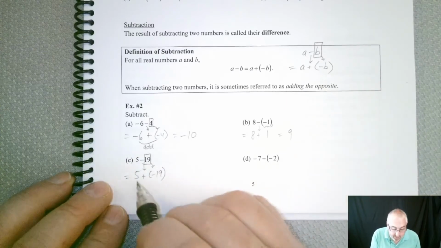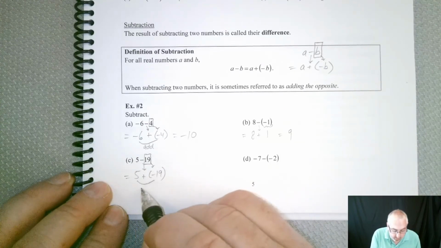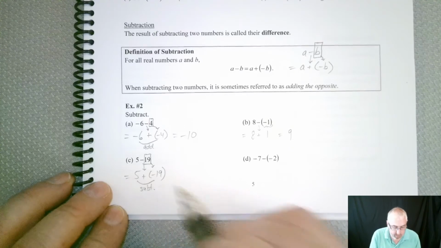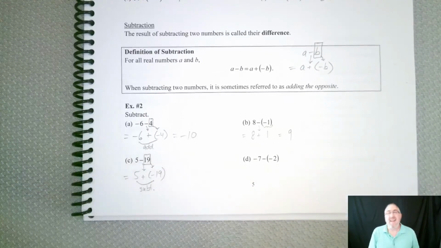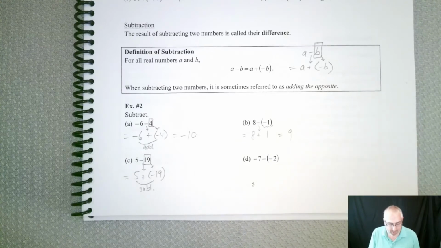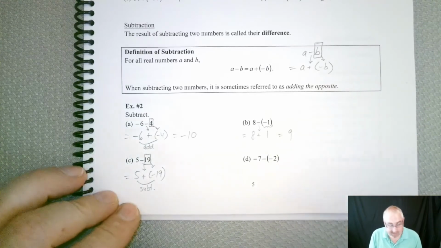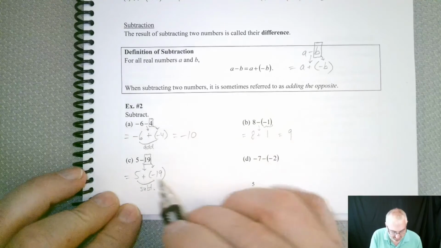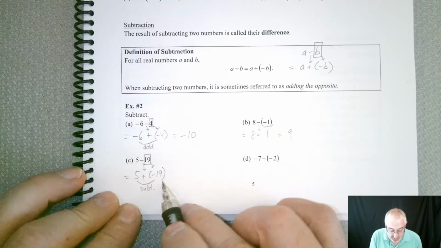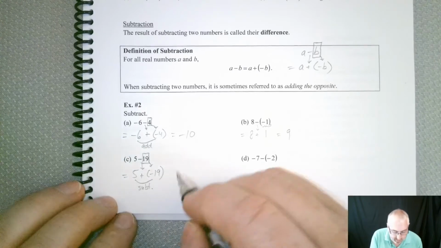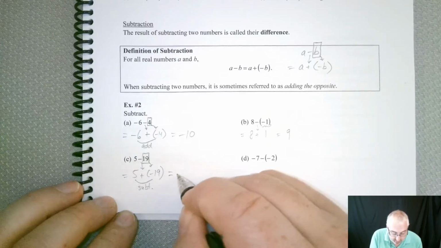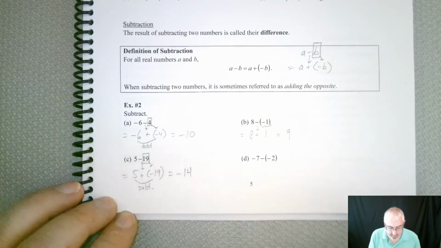So now we're adding two numbers with different signs, so we've got to subtract them. Well, didn't we have to subtract them right from the beginning? Yeah, I know, it's kind of funky how it works, but that's just the way it is, unfortunately. So if we subtract those, 19 minus 5 is 14, and because the 19 is bigger, it's going to stay negative.